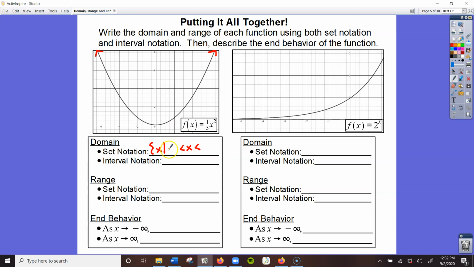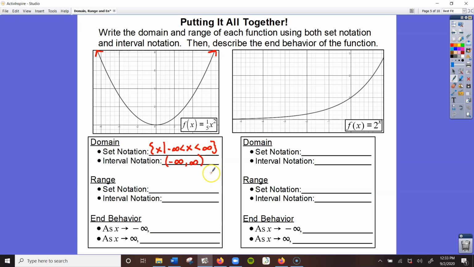So this means that the graph starts at negative infinity. Versus when you look at the right side, this will also open up forever to the right, so it's going towards infinity. And translating this to interval notation would be parentheses, negative infinity, comma, infinity, parentheses.